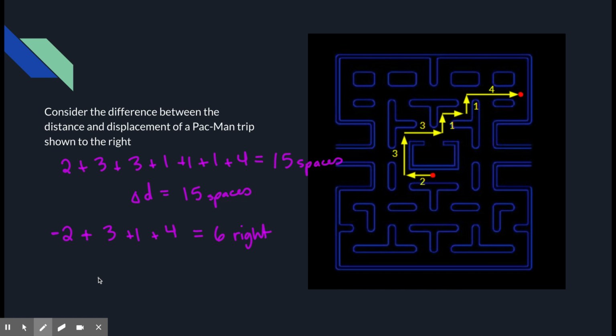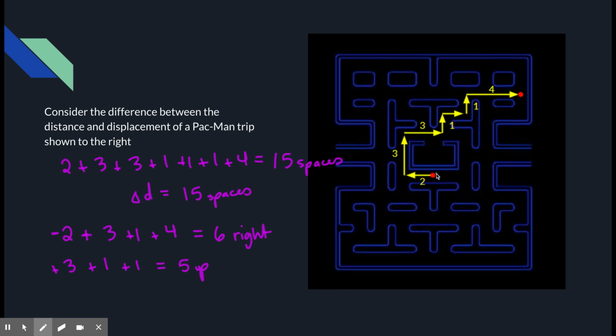And direction-wise, upwards, they went 3 up, so positive 3, plus 1 up, plus 1 up. And that is it. They've actually gone 5 up. So their displacement is 6 right, 5 up.